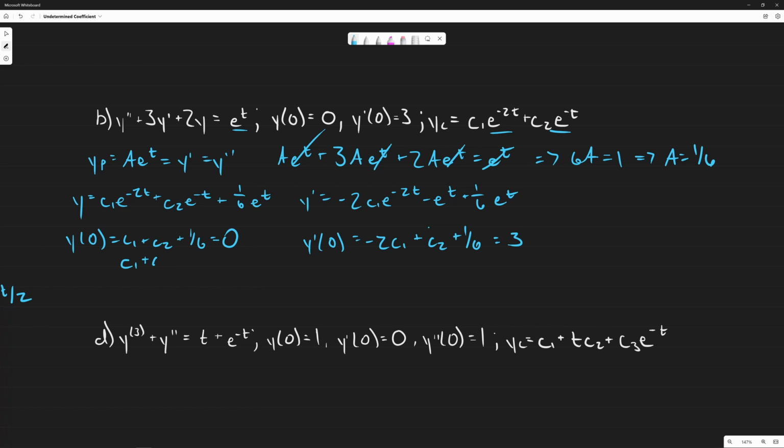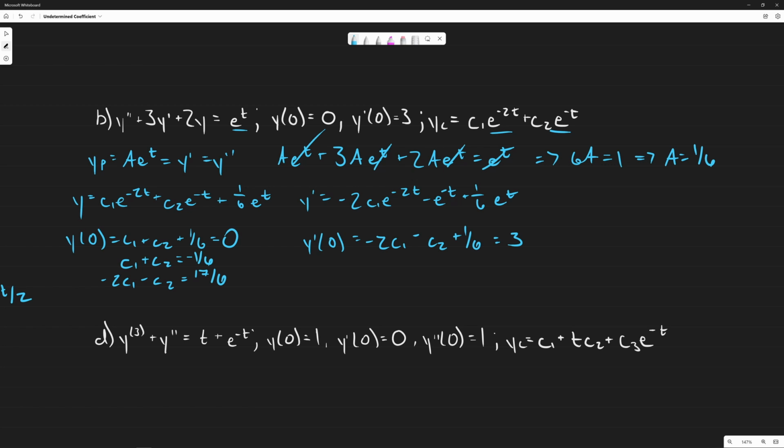Move this to one side, and then I'm going to rewrite the bottom part. So negative 2c1, is it plus c2? It's minus c2 is equal to 17 over 6.